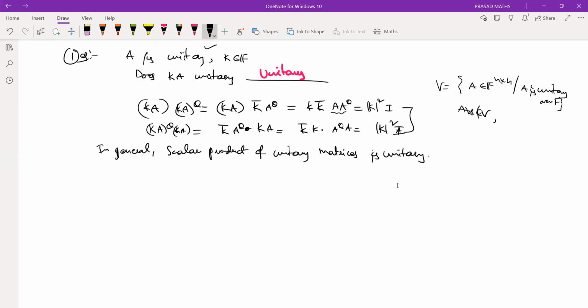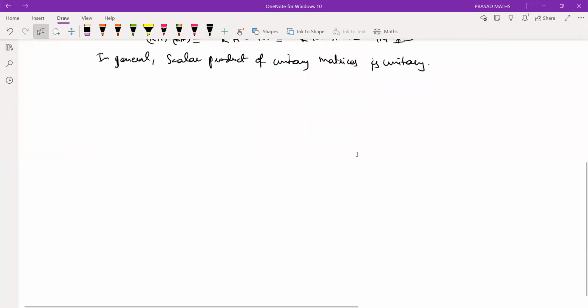Next, the scalar product is over. Next is, suppose A is unitary. What is its determinant?